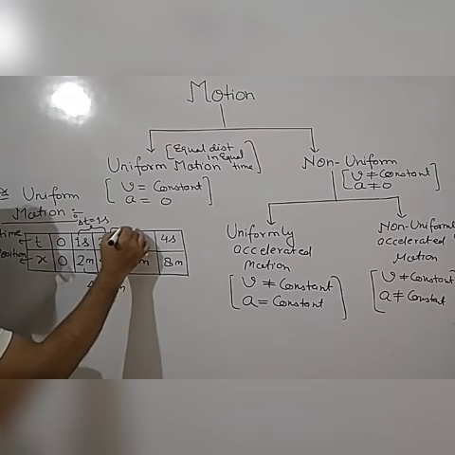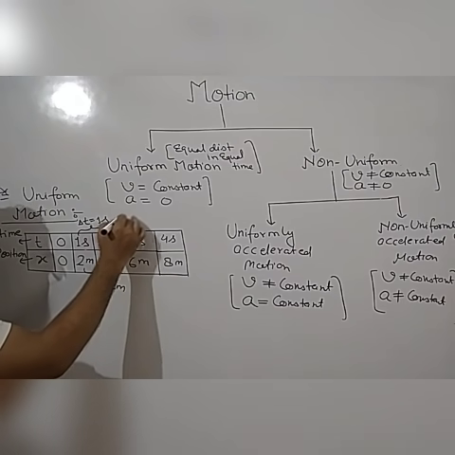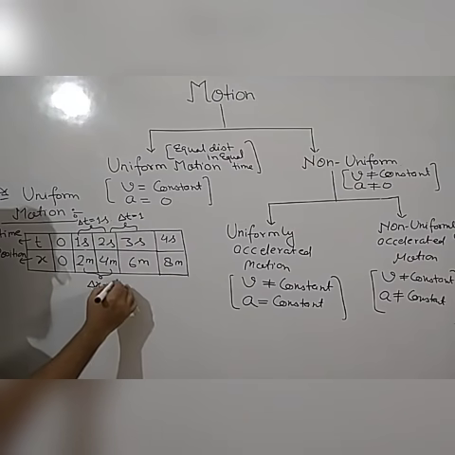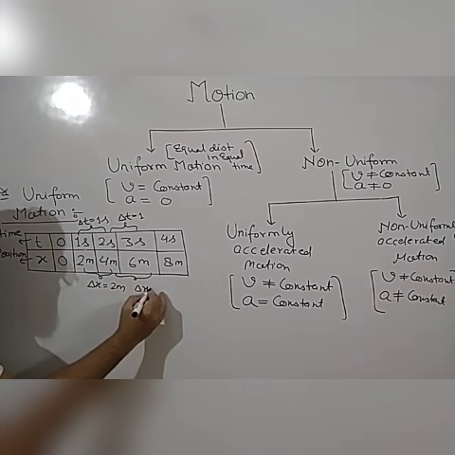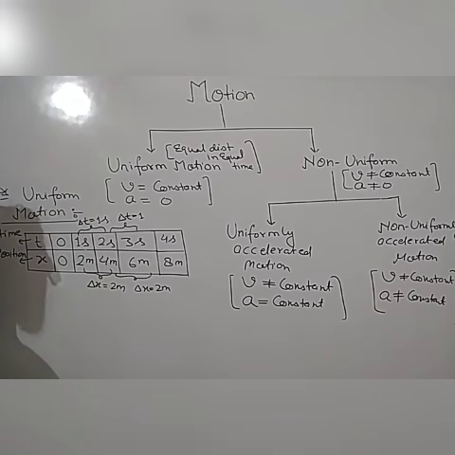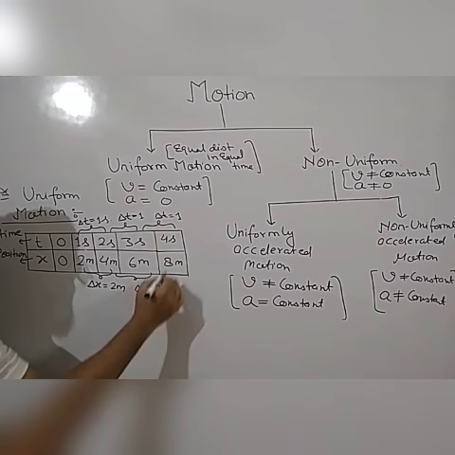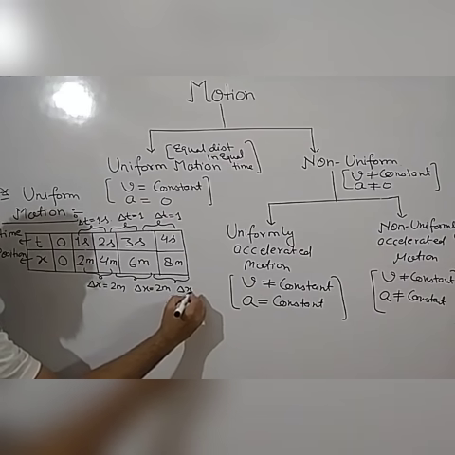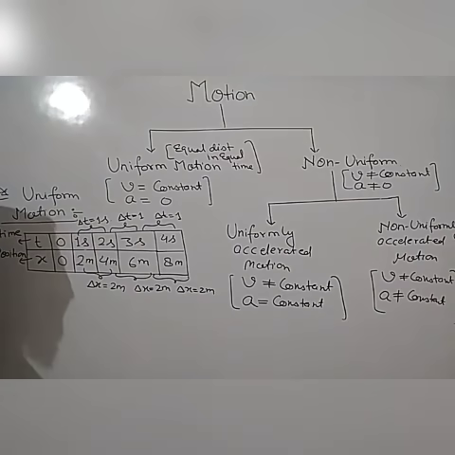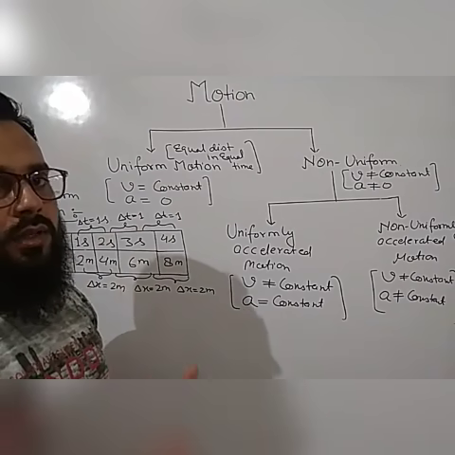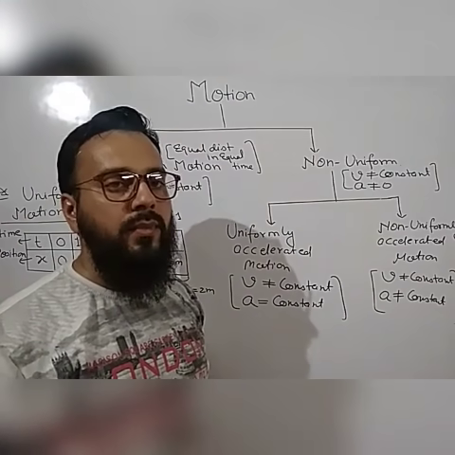Again in the next interval, delta t is equal to 1 and delta x is again 2 meter. In the next time interval, again delta t is equal to 1 and delta x is equal to 2. It means for every particular time interval, the displacement is the same.